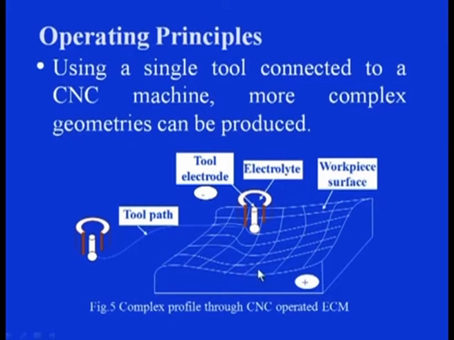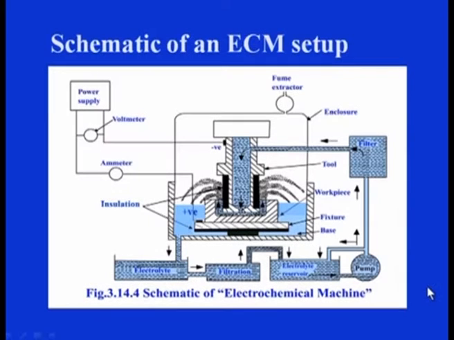This profile can also be machined using the ECM process by suitably programming the tool path along which the tool has to move, or the tool shape we have to produce beforehand, so that it replicates the shape on this workpiece. So, this is the schematic of electrochemical machining, in which this is the workpiece, which is of course insulated.